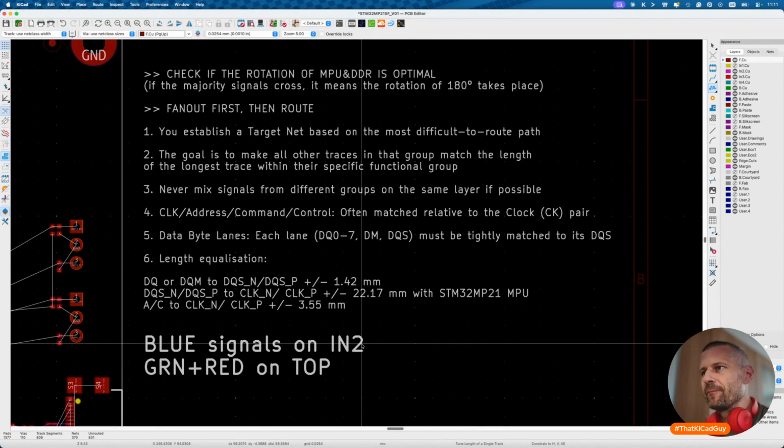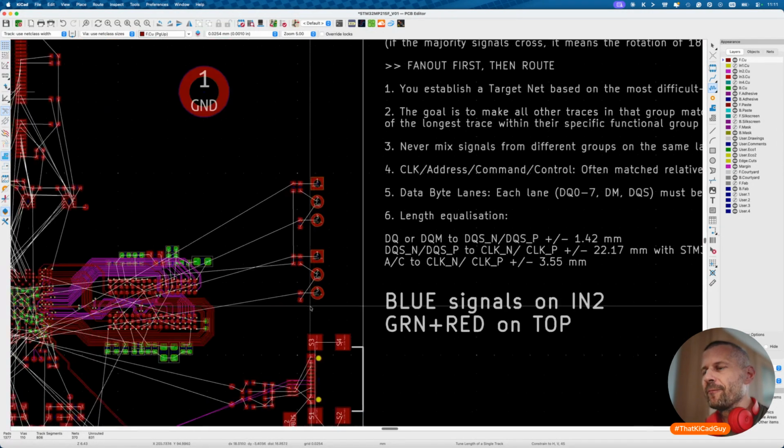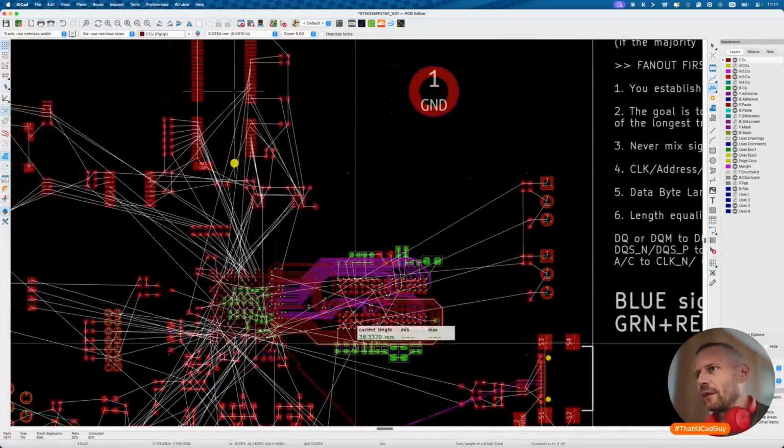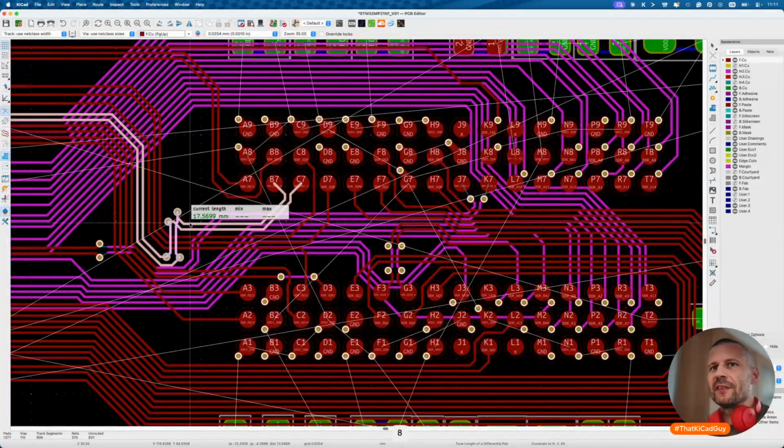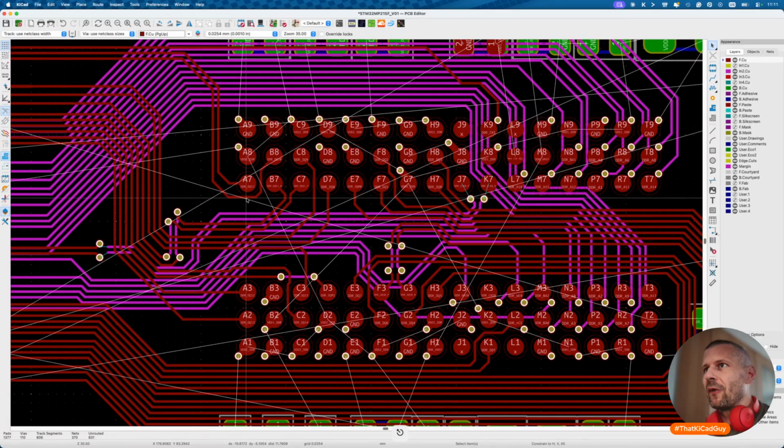So it means if we have the data strobe 1 signal length of 17.56, let's say 18, as I verified right now, it's the longest path of the entire group.